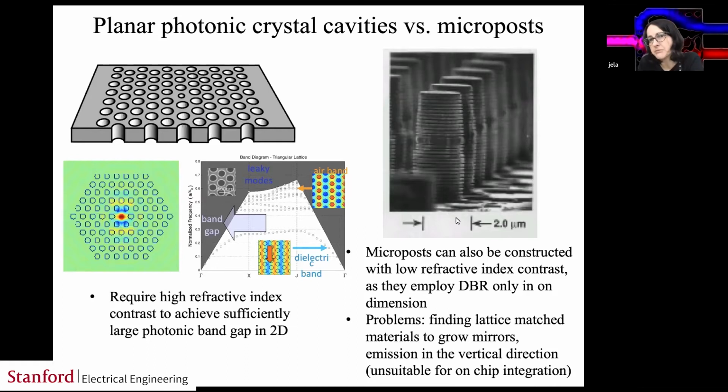But then there are problems with these DBR micropillars because they're made by growing layers of different materials on top of each other. Even today, after many decades of working on this particular type of resonator, there are still issues in finding materials that are lattice matched to each other so that you can grow mirrors. And in particular for vertical cavity surface emitting lasers, for example for 1.5 micron lasers, which are based on phosphide materials, people are still struggling to find the right types of materials that you can use for mirrors.